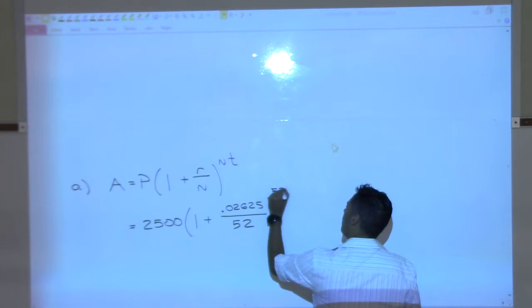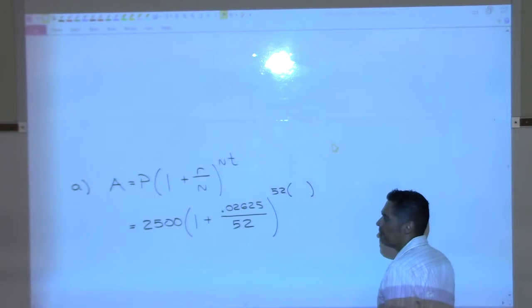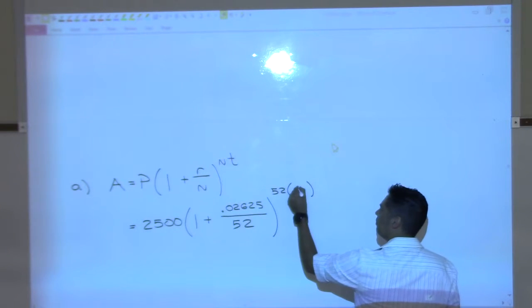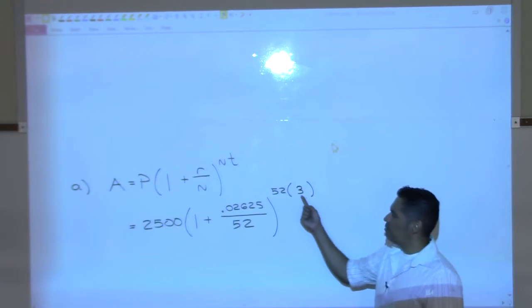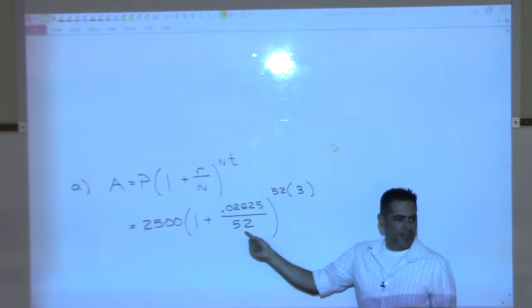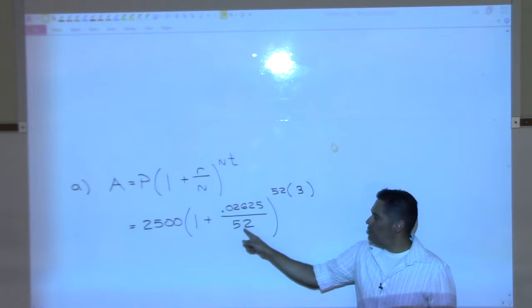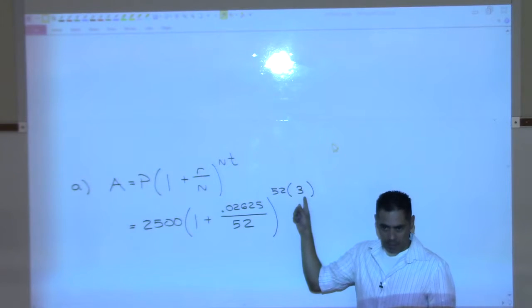So 52 weeks, and then what was the time we were leaving this in for? 3 years. Sometimes people think because it's 3 years, they take 52 and multiply it times 3, thinking that's how many weeks you have. But you don't. This is always the number of compoundings per year. So it's 52 here, and then the 3 goes here.